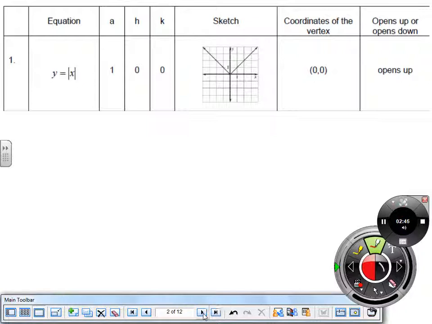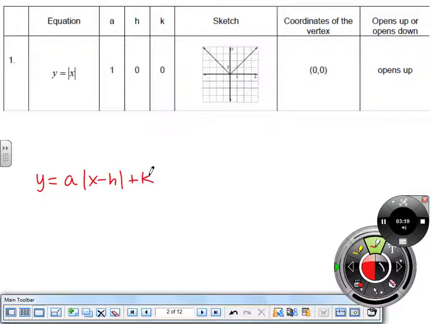Then it asks you to find the a, the h, and the k value, to sketch a graph, which you're going to get off of your calculator, and to say where the vertex is and whether it opens up or down. So look back at the equation that we just talked about: y equals a, x minus h, plus k.